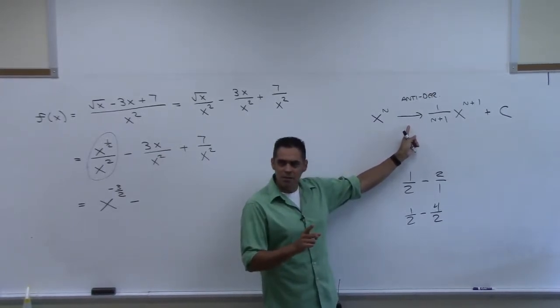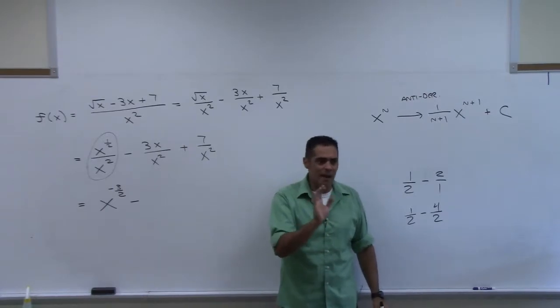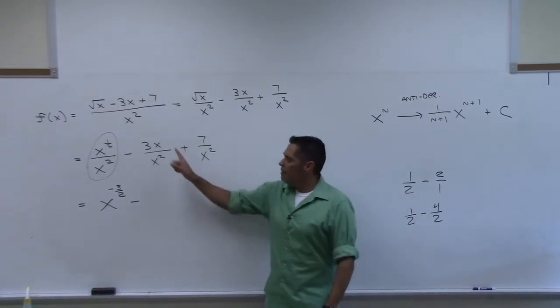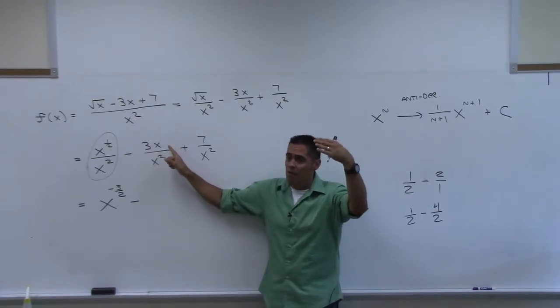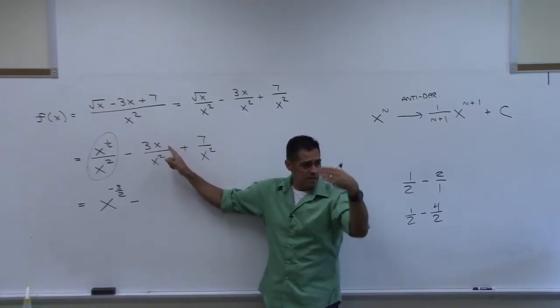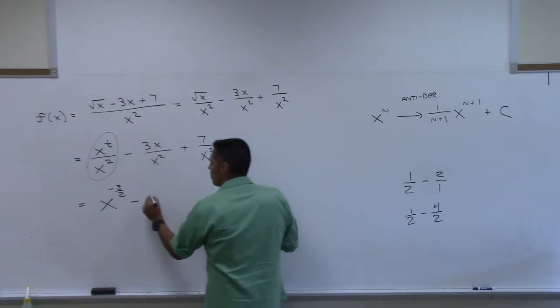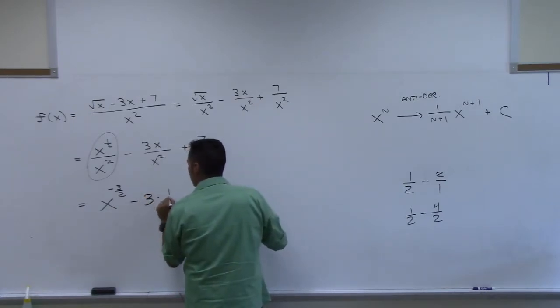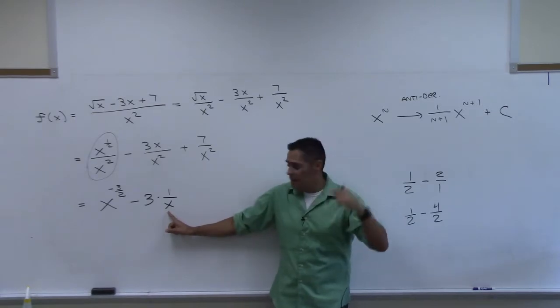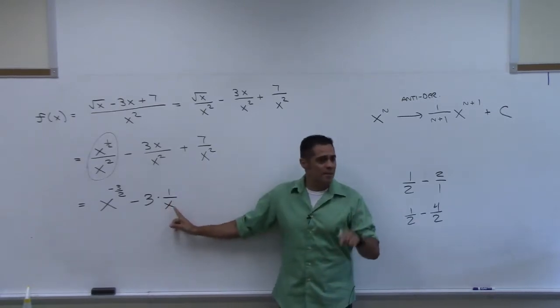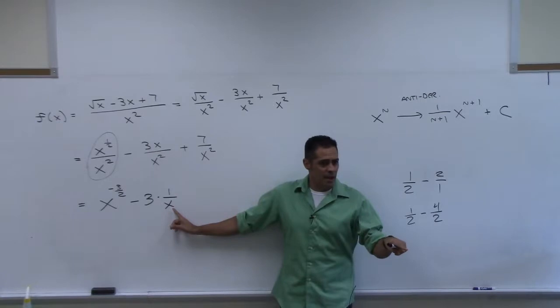So this is that one case where you have to be careful. I am aware, at this point in time, that this is going to become like a 1 over x. Do you see that? So I'm going to write this next one as 3 times 1 over x. And I'm going to leave it that way because I have now memorized, burned into my brain, that the antiderivative of 1 over x is the natural log of x. Okay? It's burned in.